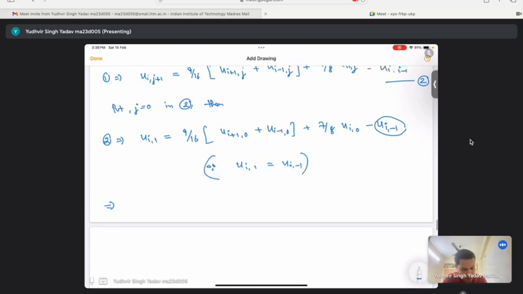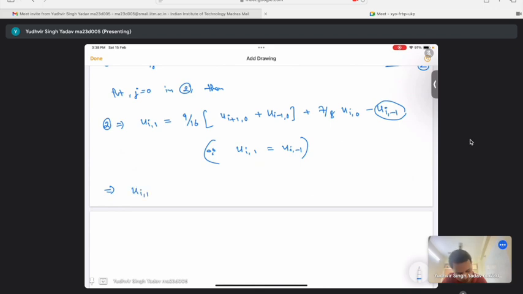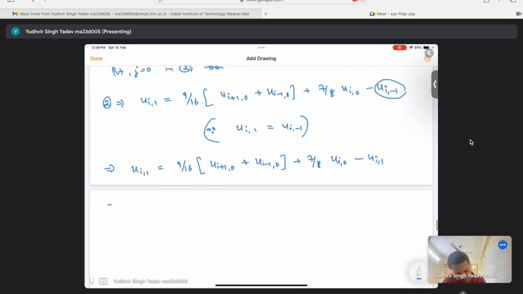So this equation will imply u_i^1 = 9/16 (u_{i+1}^0 + u_{i-1}^0) + 7/8 u_i^0 - u_i^1. So now we do not have to evaluate any negative time step, as we neither can do that.